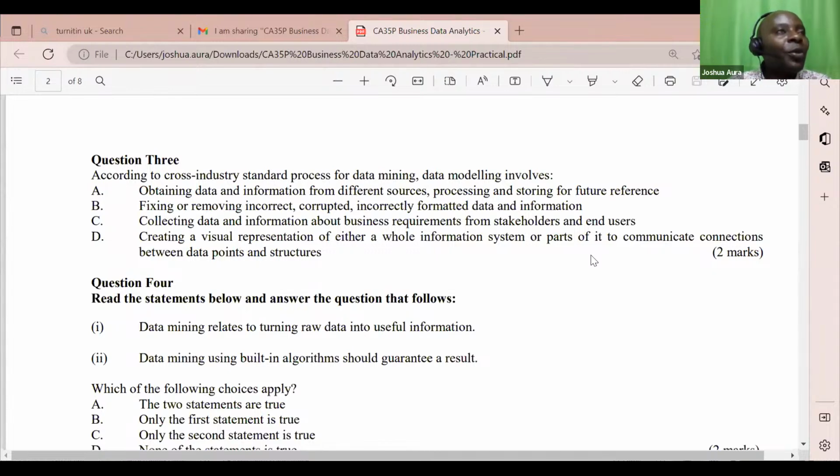The good thing with these multiple choice questions at times is that you can also use the elimination technique, isn't it? And of course, most of these things will become clearer as we go on.